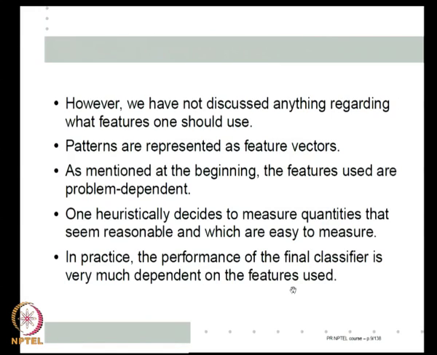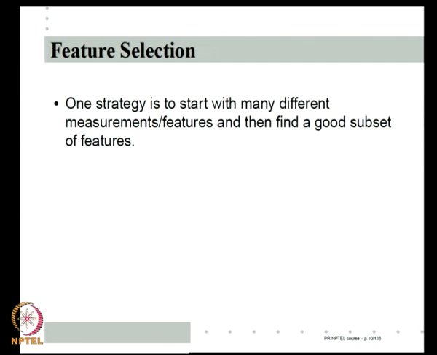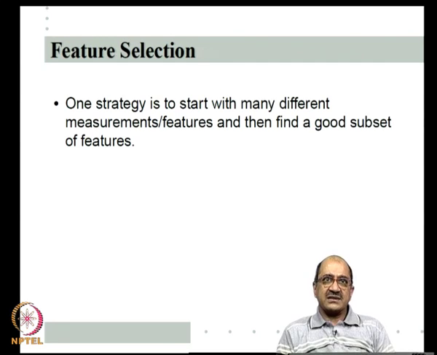So, while we cannot give any general theory of what features to measure, it is still possible to ask, if I can measure so many features, can I develop out of them features which are useful. One strategy, called feature selection, is that we start with many different measurements.